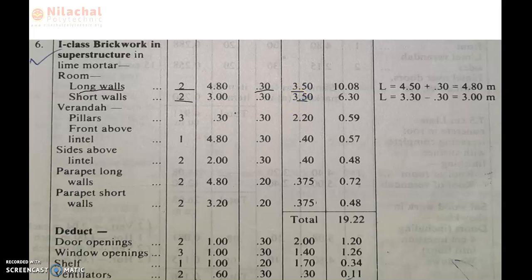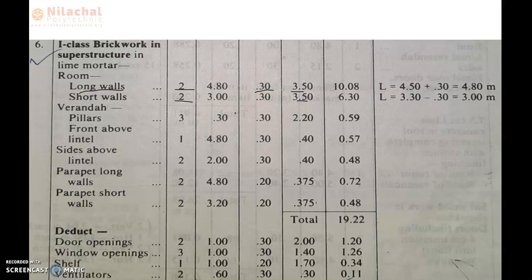So we need to check what is the length of the long wall and what is the length of the short wall. We know in case of long wall, we consider the center to center distance plus breadth. In case of short wall, we consider the center to center distance minus breadth. So the long wall center to center distance is 4.50.